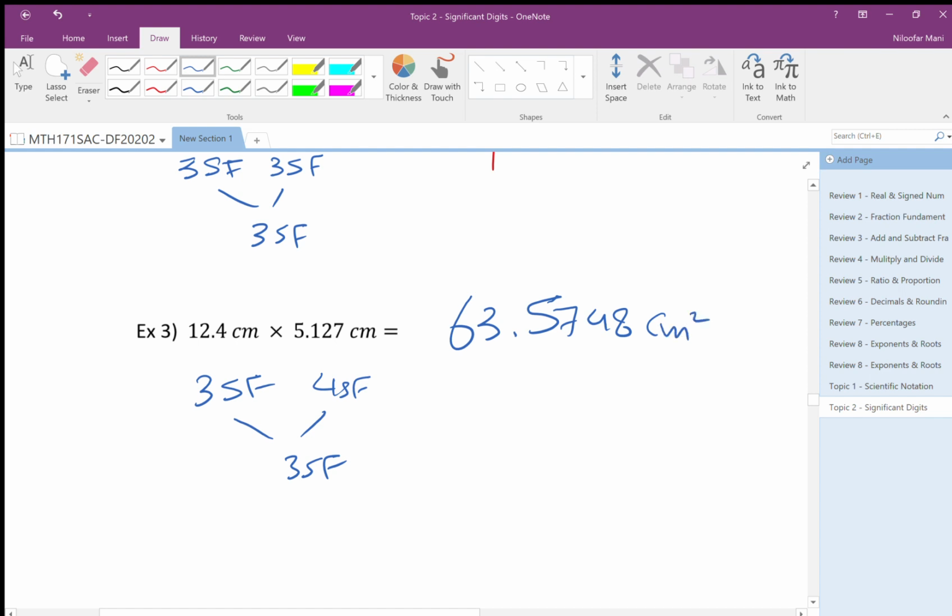If I have a unit, I don't remove it. I have to include it properly. Here is centimeter multiplied by centimeter, so I do centimeter squared. Then what is the answer? The answer is this. I underline this, I check the next one, so 63.6 is the answer, and centimeter squared. I don't forget I have a unit.